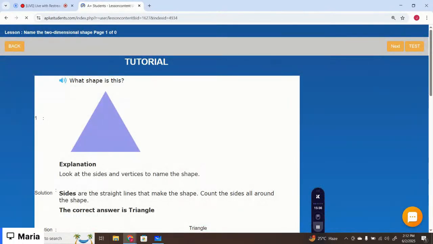What shape is this? Which is the correct option? That is a triangle, a three-sided shape. Basically, the sides are the lines that make the shape. So there are three sides, so that is a triangle.